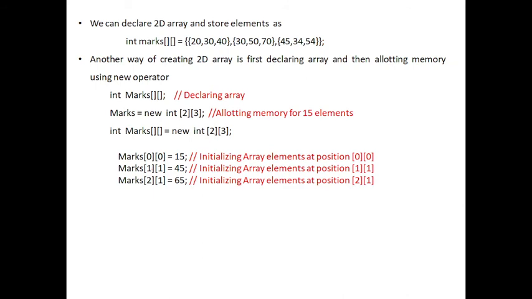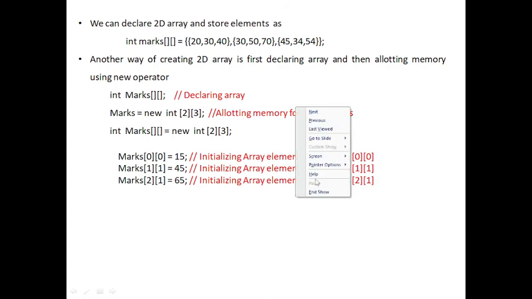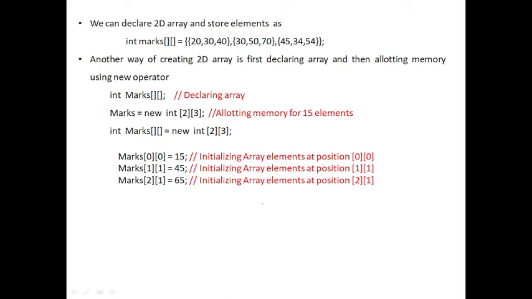Here we have taken an array of 2 rows and 3 columns. 2 rows and 3 columns means it contains like this. 2 rows, hence we have divided into 2 parts, and these are the 3 columns.